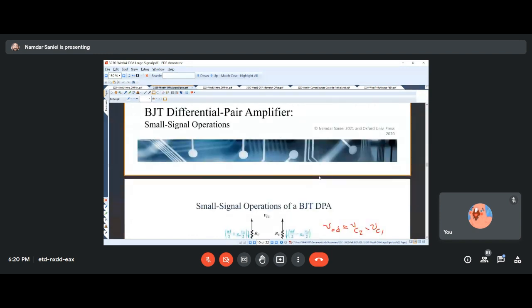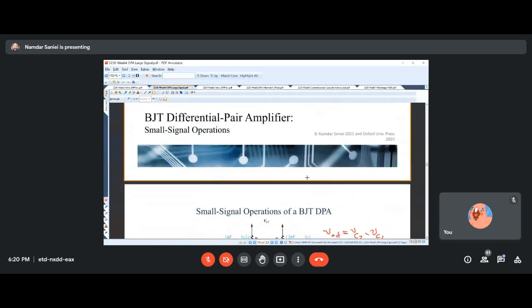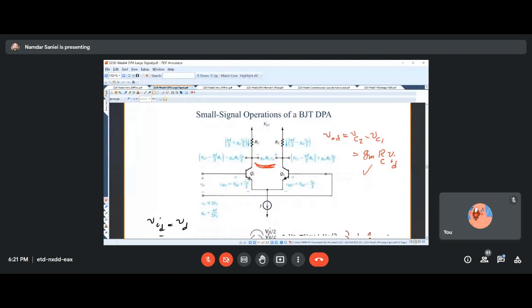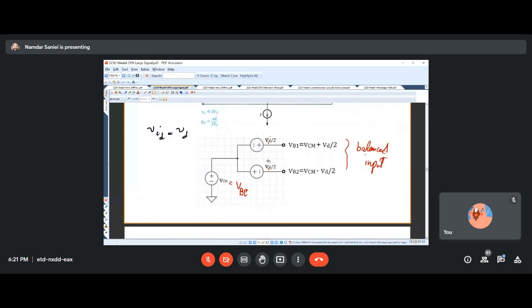Then we came to look at the transistor in small signal operation, and when we applied a small differential input, we realized that we have an amplified version of that small input signal.